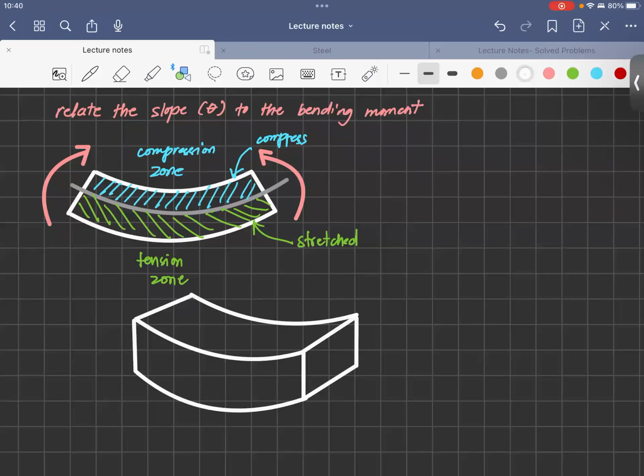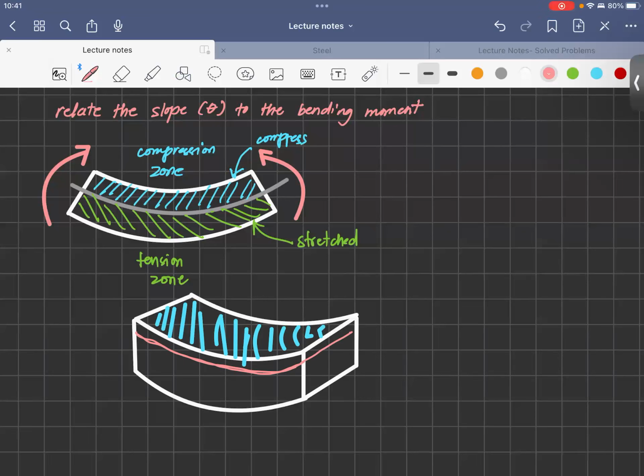Let's have it read the example. So if we look at it, the fibers at the very top of this section are a lot shorter in comparison to, for example, this portion here, let's use green. In this portion, the top fibers are shorter in comparison to this portion here.